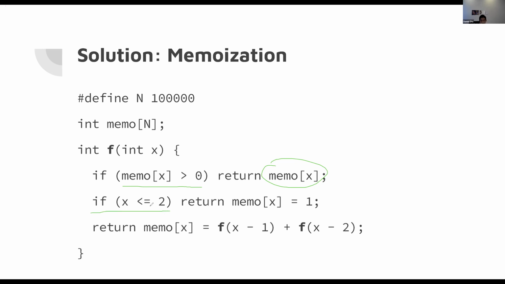So if x is less than or equal to 2, we set memo to 1, and then we return that value. Otherwise, we set memo to this value, and then we just return it. So this way, we only calculate that for each number once.